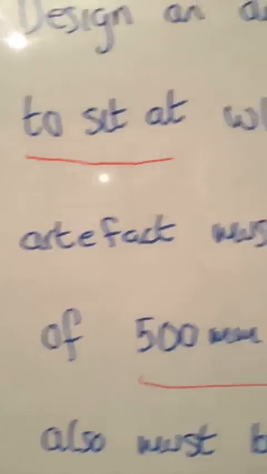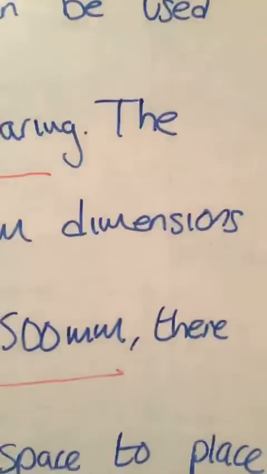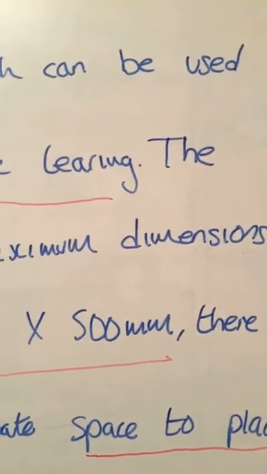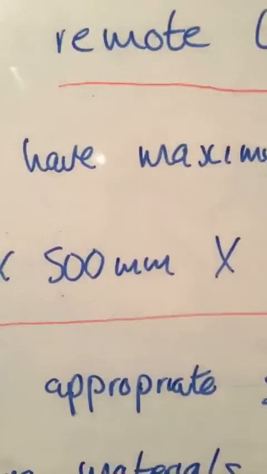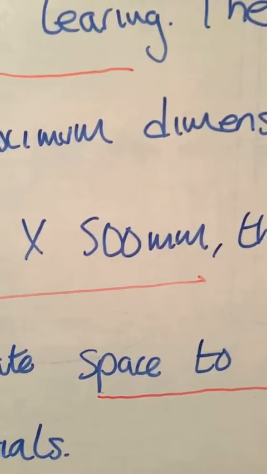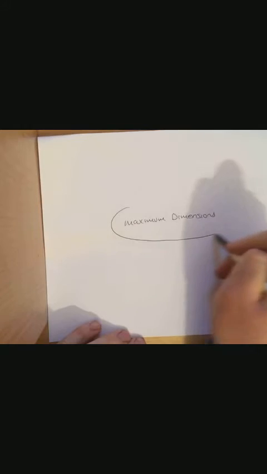From our brief, a part that is also included in every brief for a project is our dimensions. So it's 500mm by 500mm by 500mm. The maximum dimensions is a key aspect of our brief.